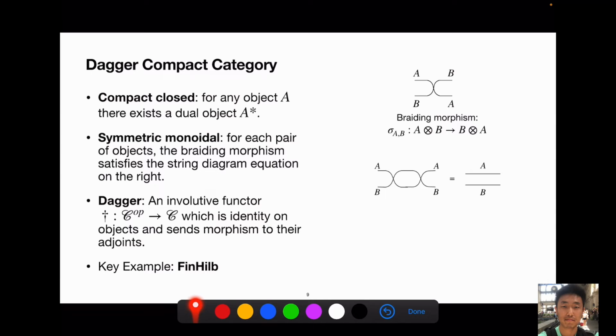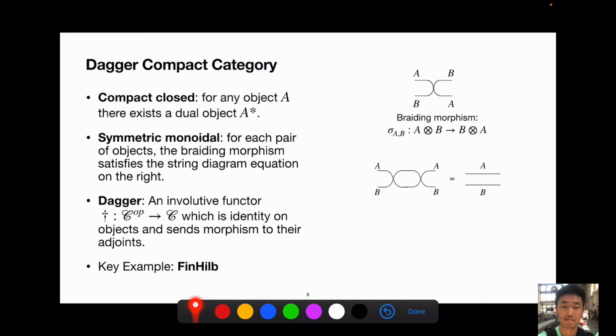Secondly, a Dagger compact category is a symmetric monoidal category. That means that for each pair of objects, the braiding morphism satisfies some string diagram equations. So here I drew the string diagram for the braiding morphism. The braiding morphism is actually the thing in between.